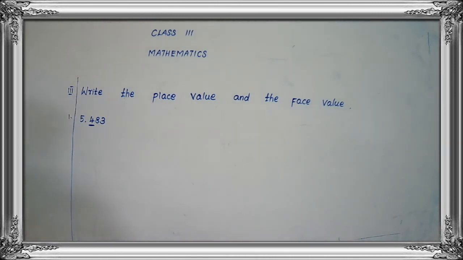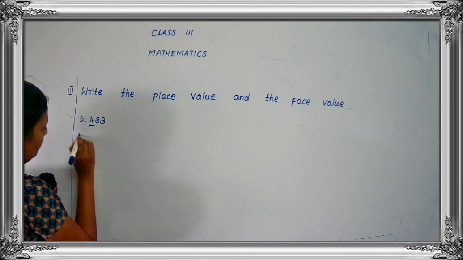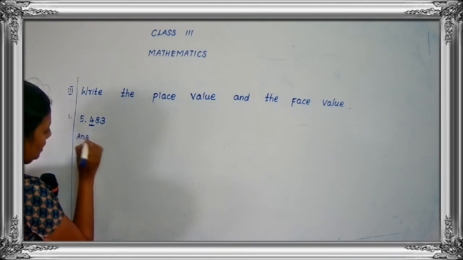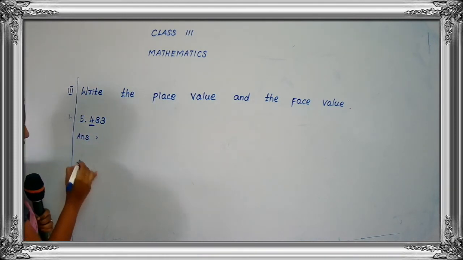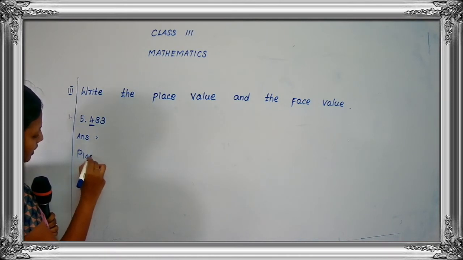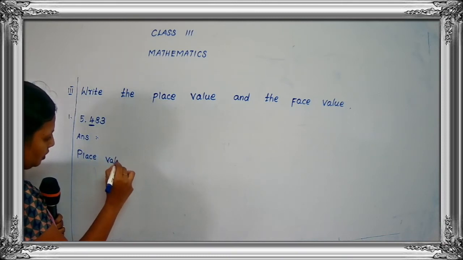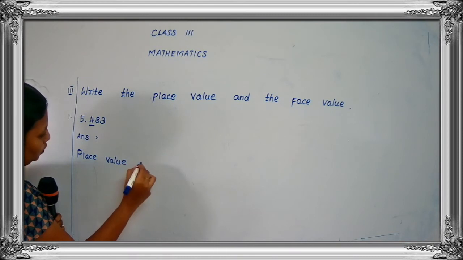5483 means first we want to write the answer. A-N-S means answer. First we have to write place value. P-L-A-C-E, place. V-A-L-U-E, value.